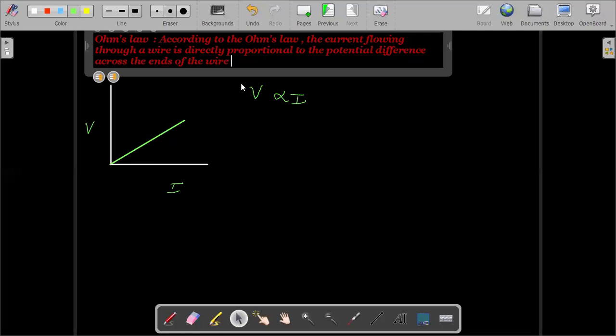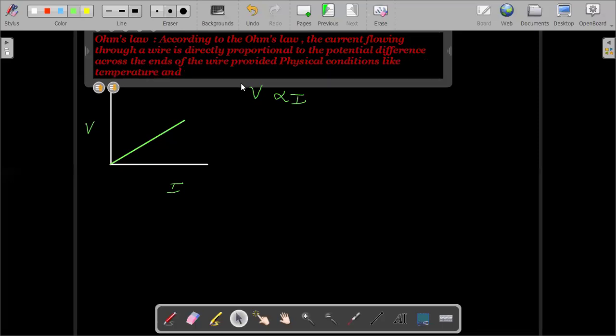The condition is provided physical conditions like temperature and shape of wire are constant. Shape and dimensions of the wire are constant.